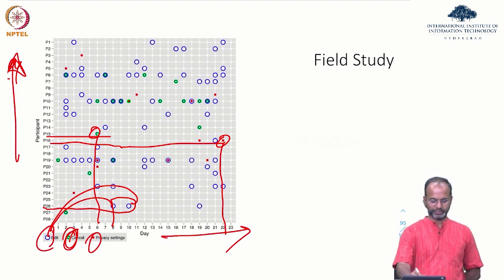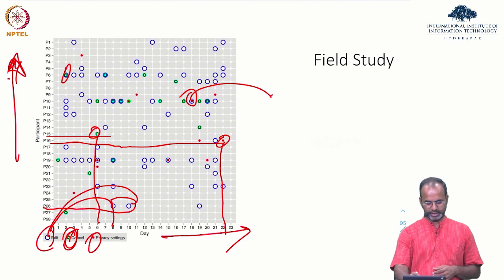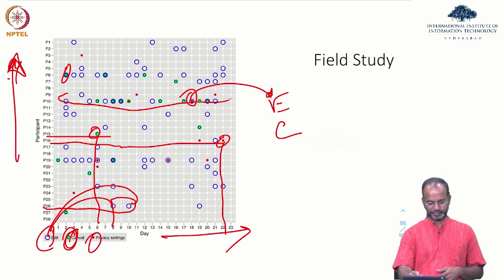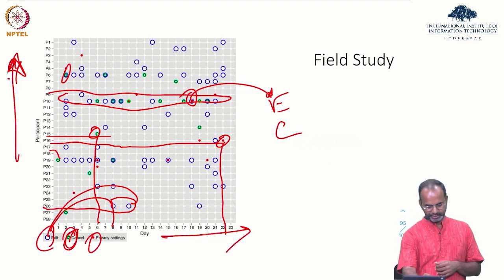Some more interesting ones are these, which have multiple actions. In this case, on day 18, participant 10 did both editing the post and canceling the post. And it looks like participant 10 was super active if you look at all the actions. And similarly, participant 19.